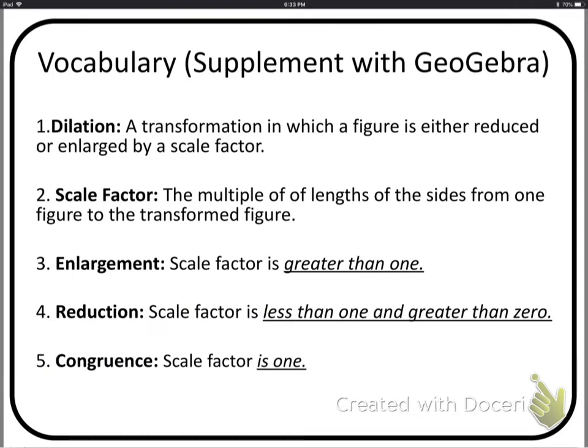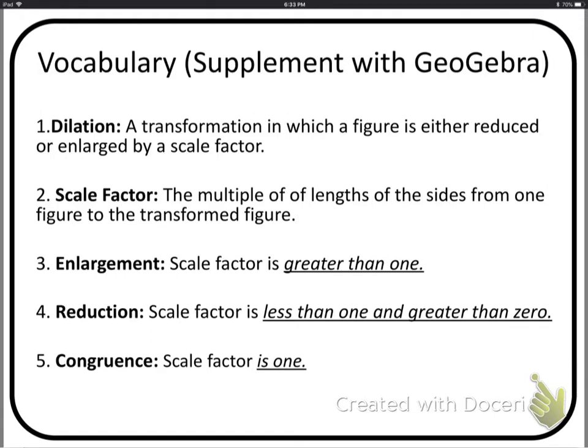So here's our vocabulary. A dilation is a transformation in which a figure is either reduced or enlarged by a scale factor. So imagine, let's say, Honey, I Shrunk the Kids. Hopefully you guys can relate to this. It's not too far out of your time period.